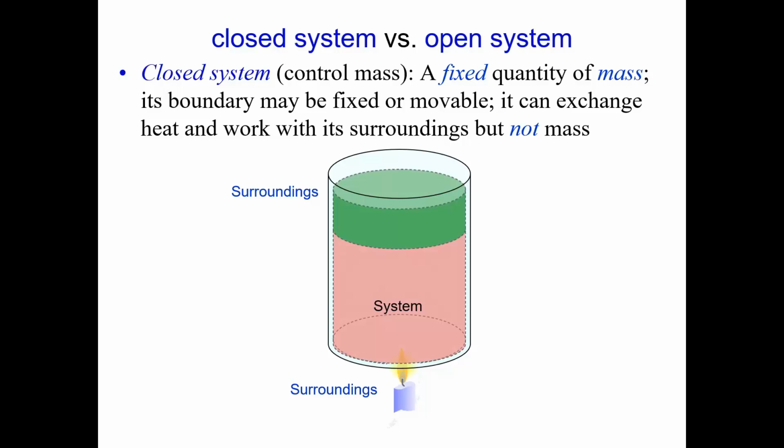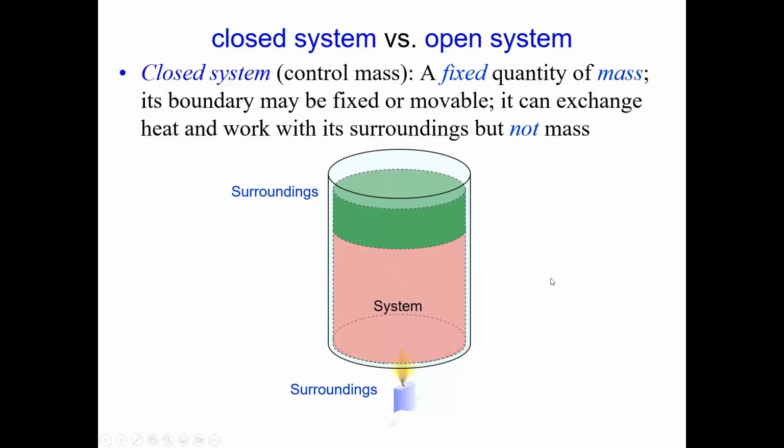So as you can see, in such a case, the system, which is the air enclosed in this piston cylinder, in fact has a movable boundary. Its boundary is not fixed. Instead, the boundary is changing with time in this process.